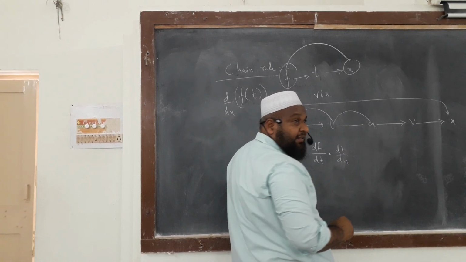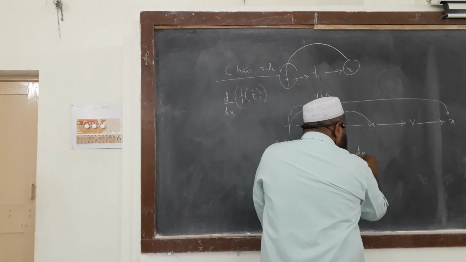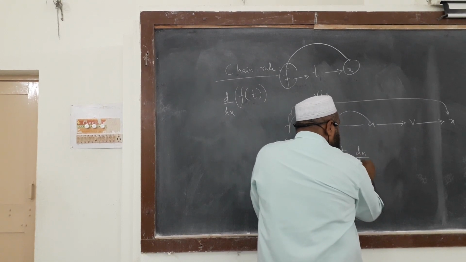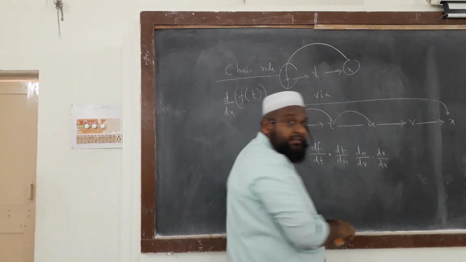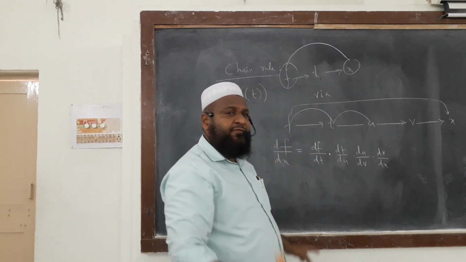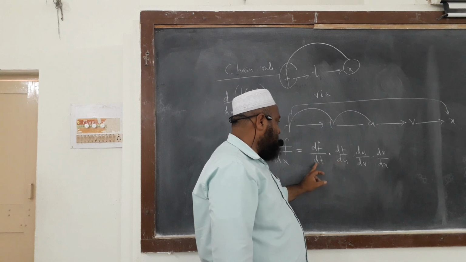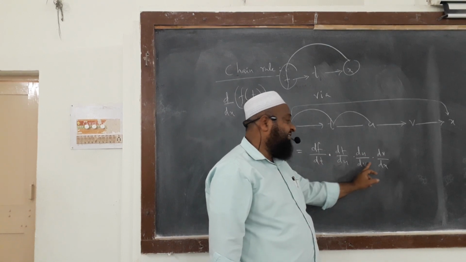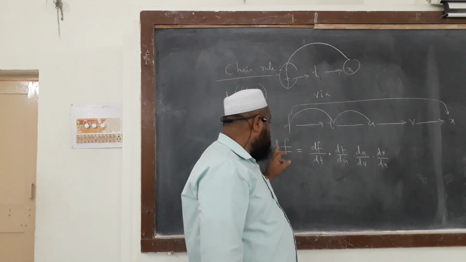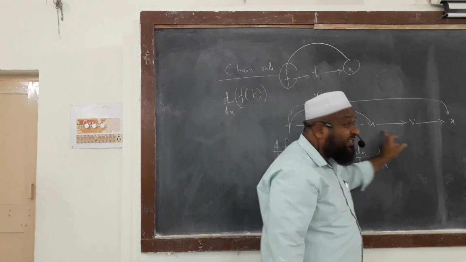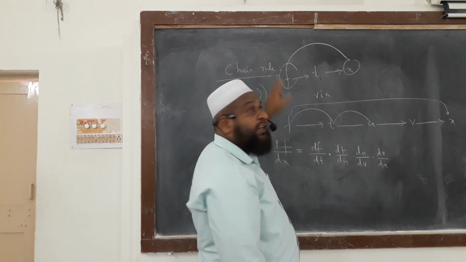Then derivative of u with respect to v. Then derivative of v with respect to x. In simple way, this dt gets cancelled, this du gets cancelled, this dv gets cancelled, and we are left over with only dx and this df, that is df by dx. You can have a long chain, that is why we call it a chain rule.